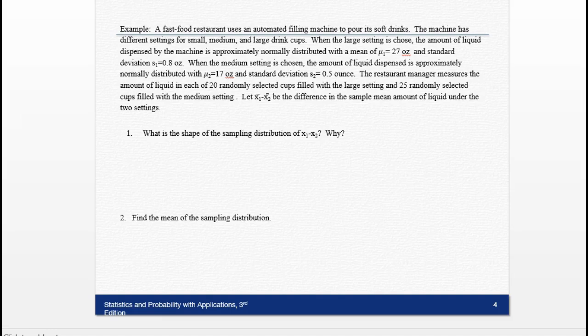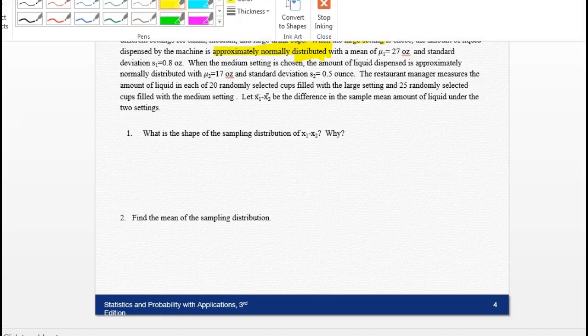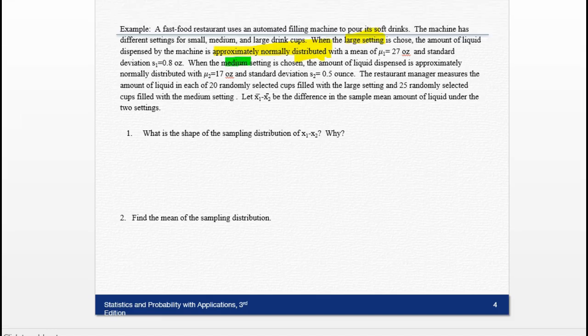All right, so the first question is, what is the shape of the sampling distribution? What I want you to catch is that the problem tells us that when the large setting is chosen, the amount of liquid dispensed is approximately normally distributed. Then it tells us that when the medium setting is chosen, the amount of liquid dispensed is approximately normal. Because the two populations we're looking at are approximately normal, we know that the sampling distribution of the samples we take will also be approximately normal.